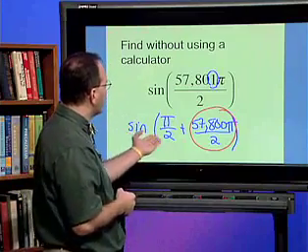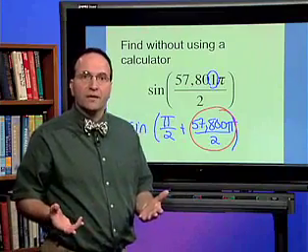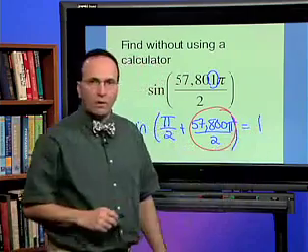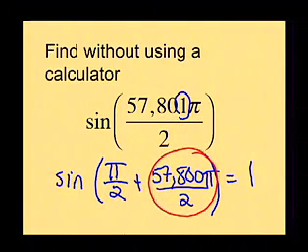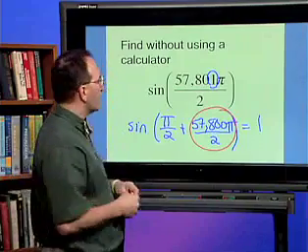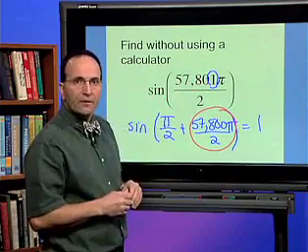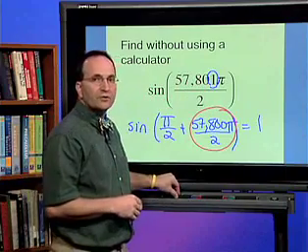So therefore, this is just the sine of pi over 2, and the sine of pi over 2 is equal to 1. So that's how we can use the idea that it's a periodic function to find the sine of an incredibly huge angle.